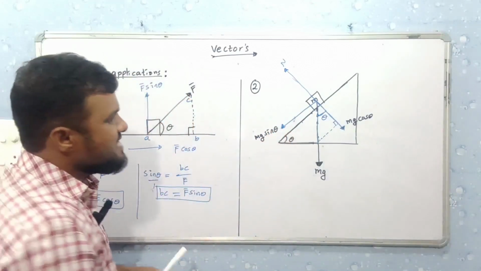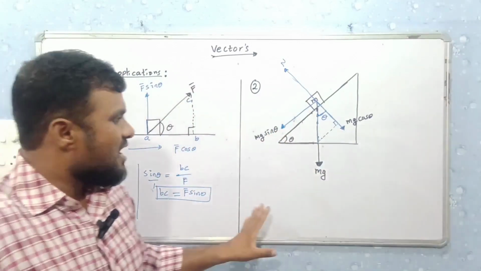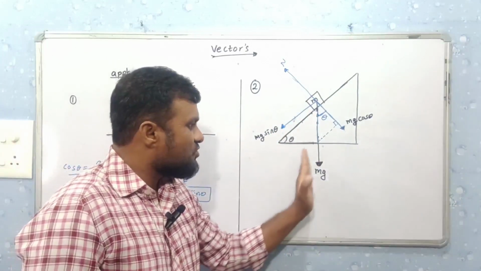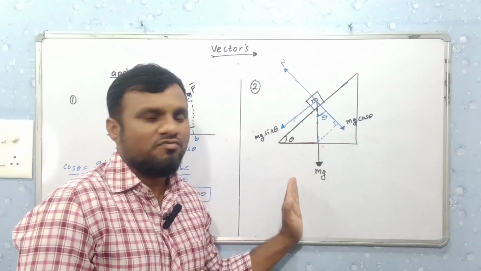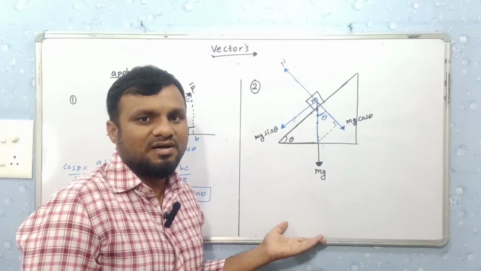I have split weight mg into two components. Understand? Here our intention is how vectors should be resolved, how a vector is resolved according to our convenience.